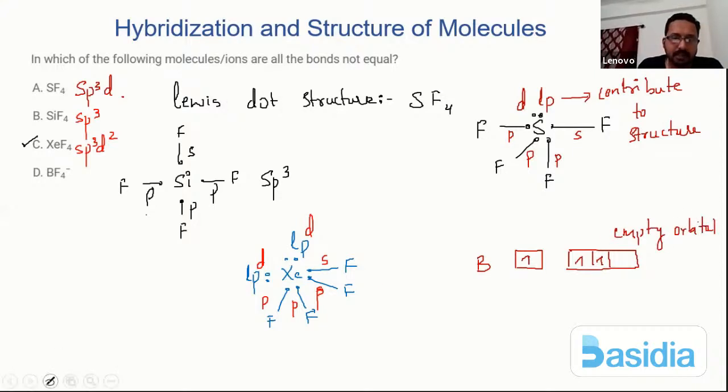Correct? So what exactly is happening over here? One fluorine is linked here, one more here, one more here, and one fluoride ion has made a bond here. I mean, it has donated its electron pair over here to make the fourth bond.